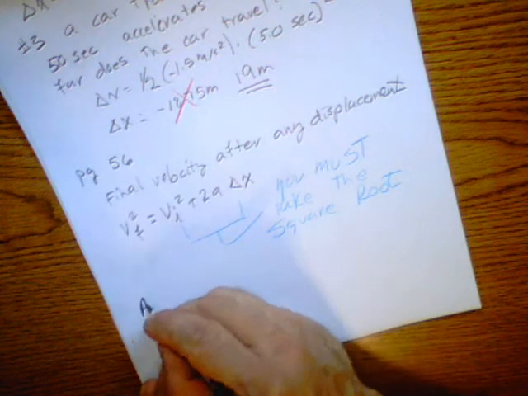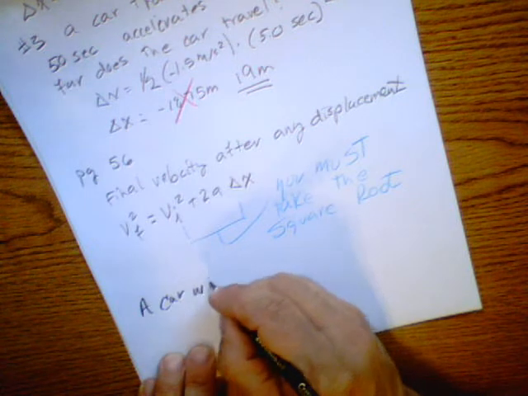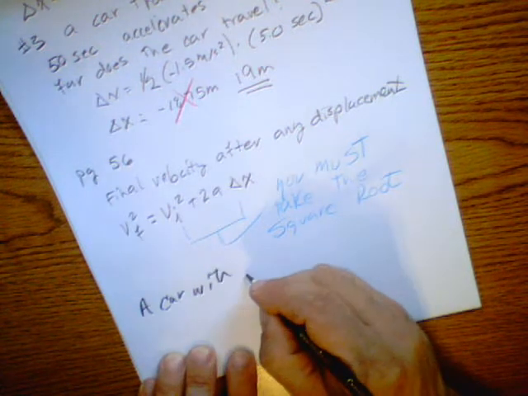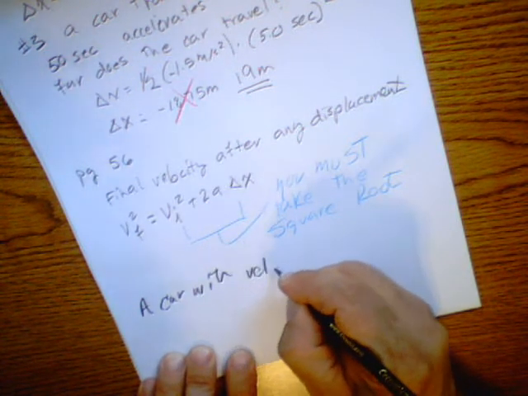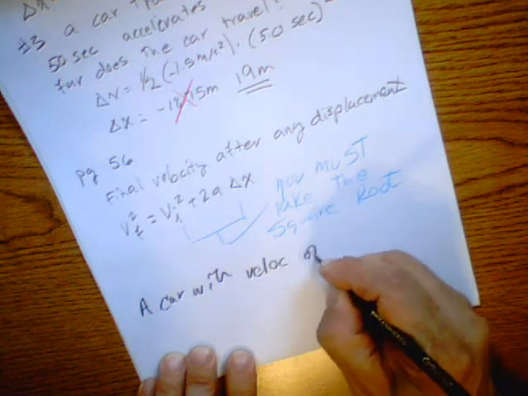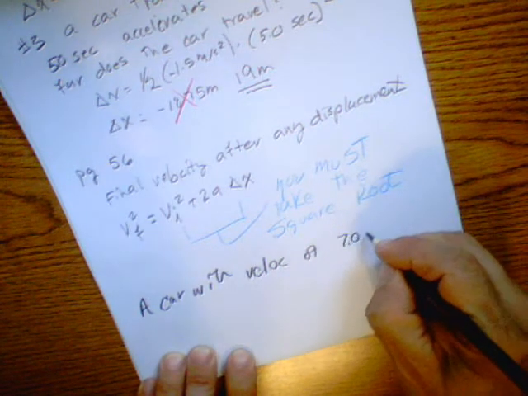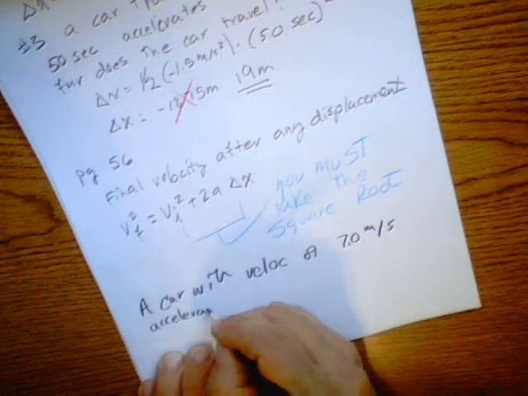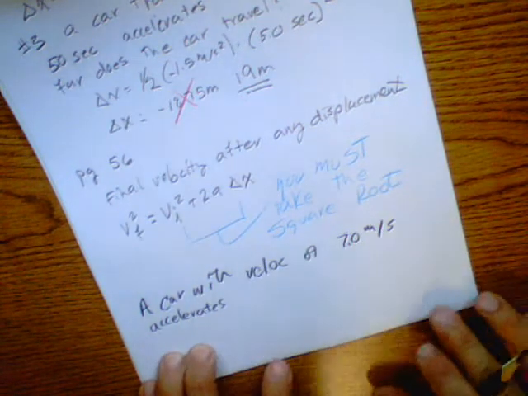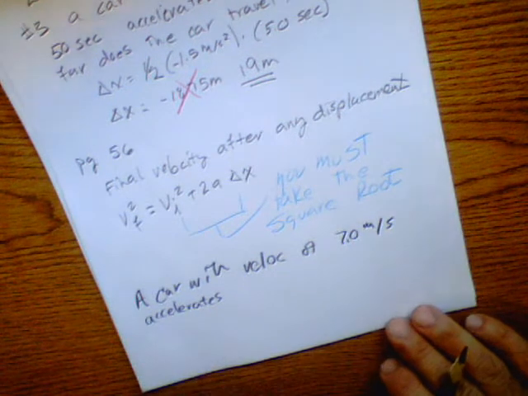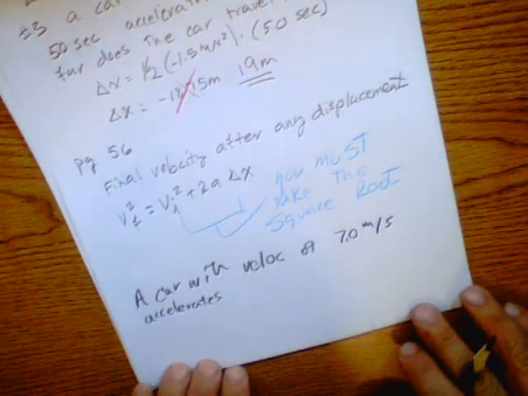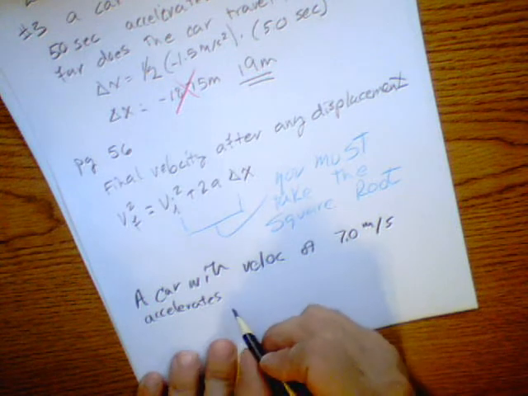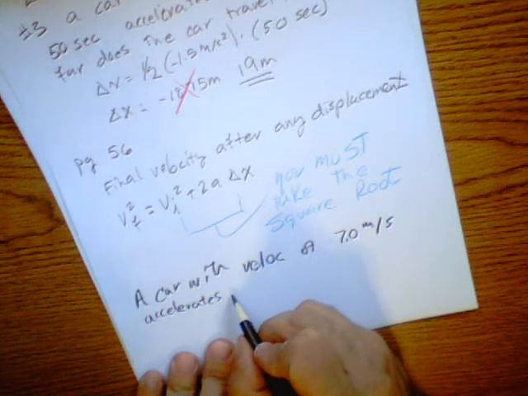A car with a velocity of 7.0 meters per second accelerates. This is the review problem that they give right after this equation. I forgot what number it is.